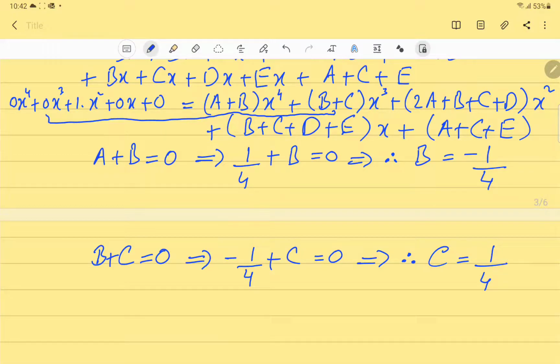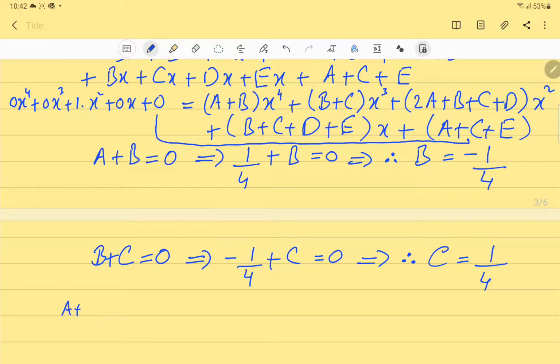Now we will compare the coefficients of the terms which are without x. So a plus c plus e is equal to 0. a is equal to 1 over 4. c is also 1 over 4.